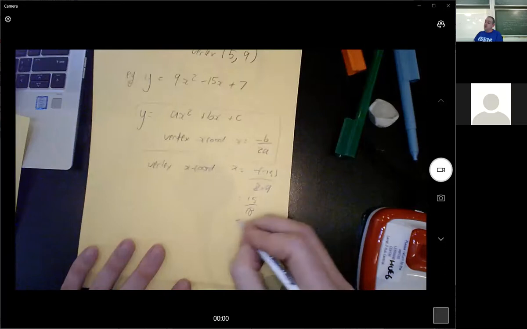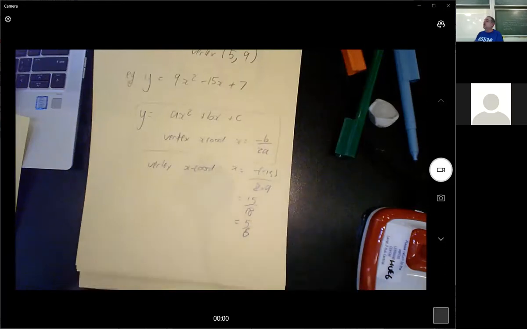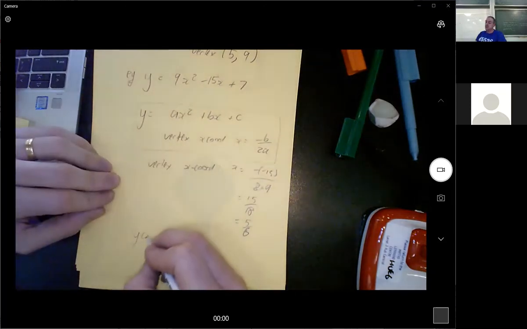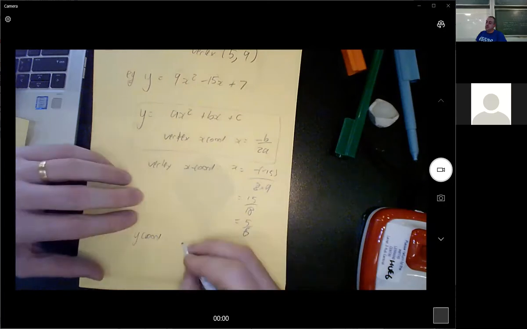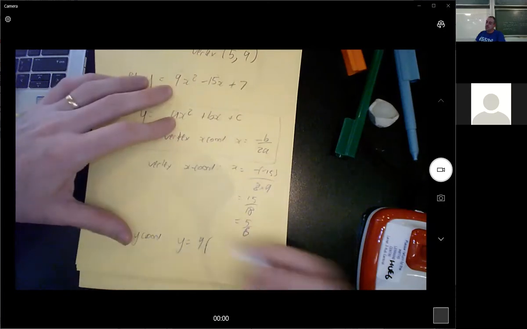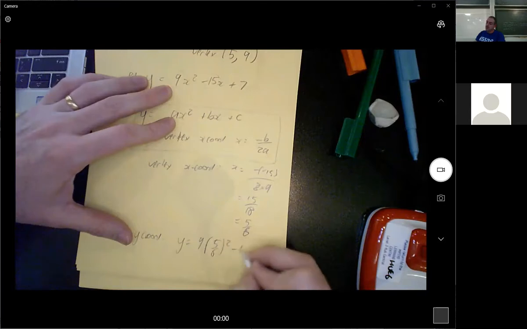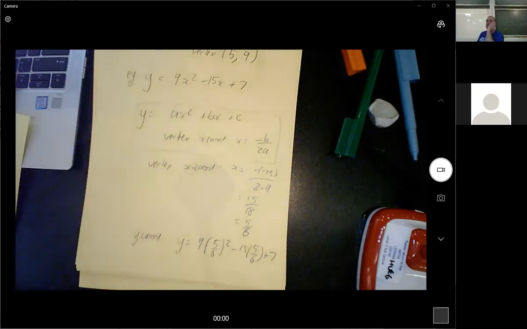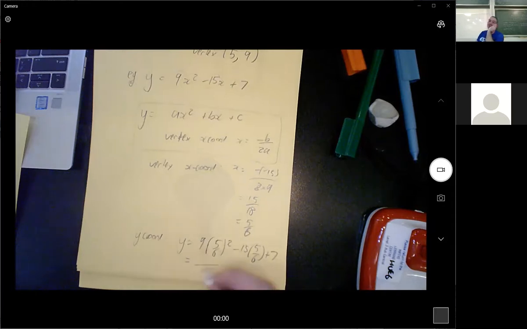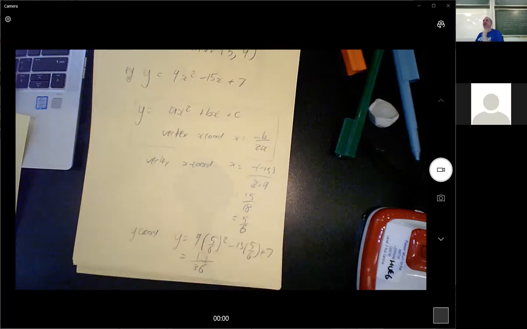And 3 goes into both of those, so I could factorize it down, but it's not very good. And if I wanted to figure out the y-coordinate of the vertex, I would have to sub this into the formula to see what the y came out to be. Which would be a horrible fraction with a very large numerator. Something over 36. I don't know what it is.